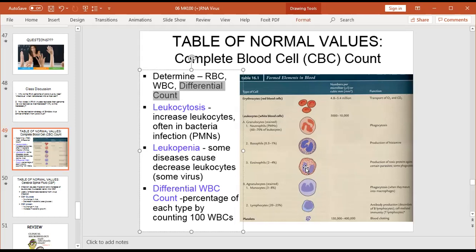The third one is eosinophil. That eosinophil is increased during allergic reactions and some parasitic infections. Then we have agranulocyte white blood cells, that their cytoplasm do not contain any granules.